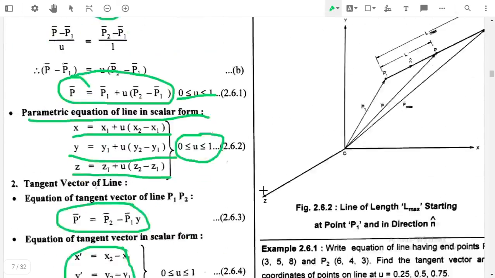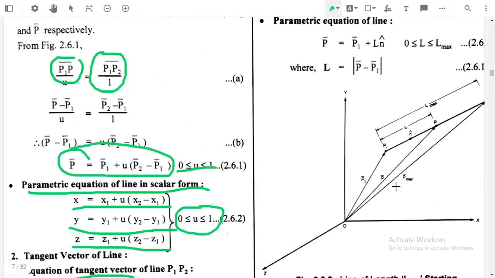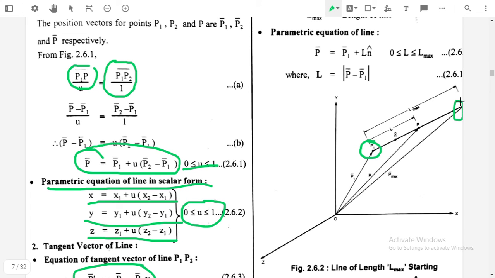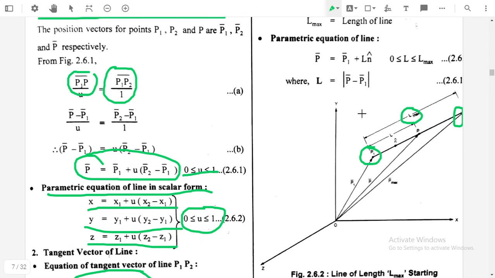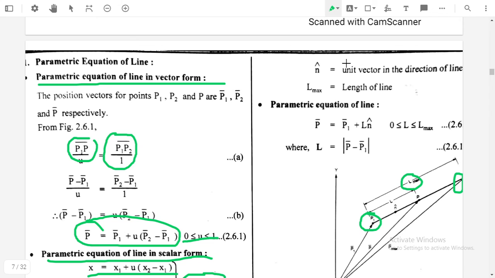See here, p1 is the starting point of the line, and here is the p max point, and L max is the length of the line, and n cap is the unit vector in the direction of the line.